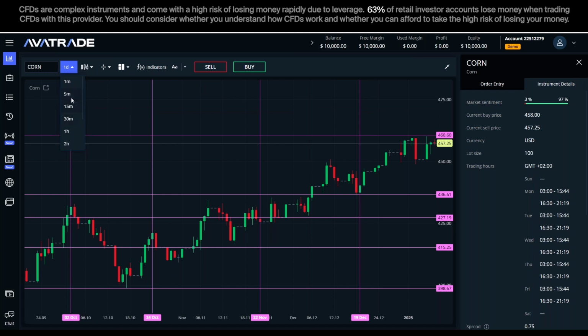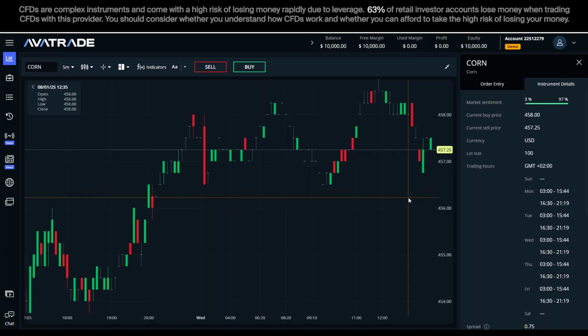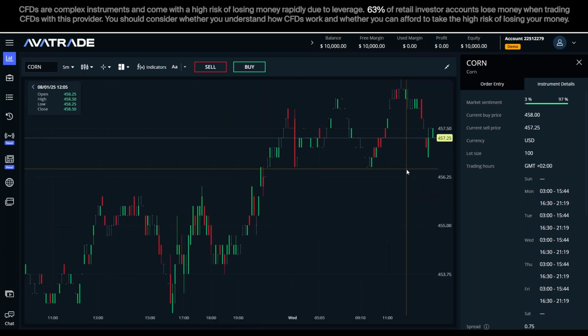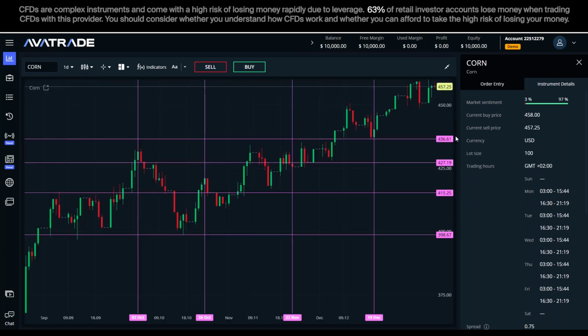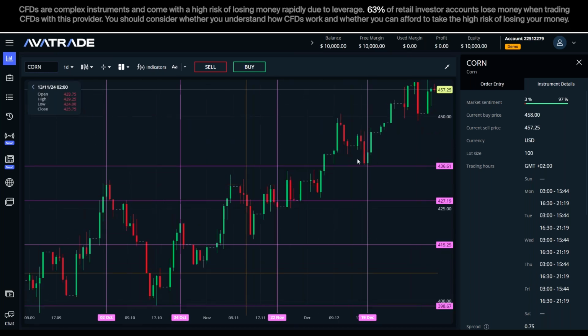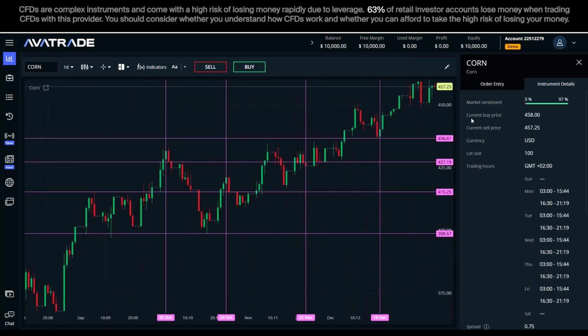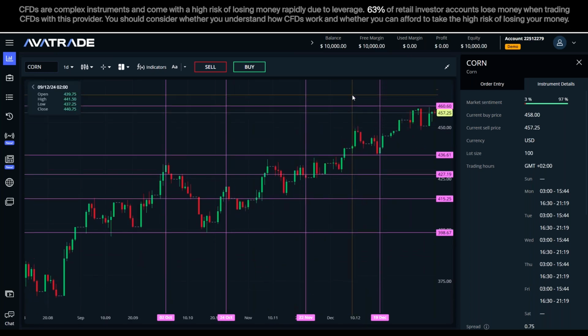Okay, if we go to 5 minutes, we can see that corn is $4 since yesterday. But we can see that the general trend here is very bullish.